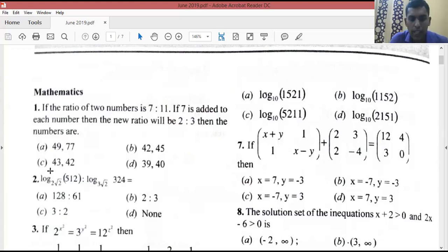Similarly, take 3 into root 2 and press equal to, into equal to. The first answer will be 2 times 3 root 2. Press equal to until you reach 324. 324 will be 3 root 2 power 4. That will solve it actually.